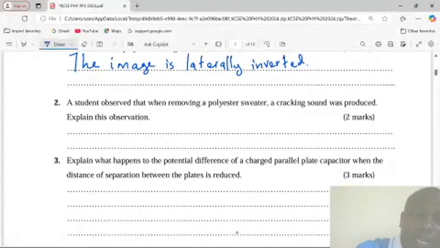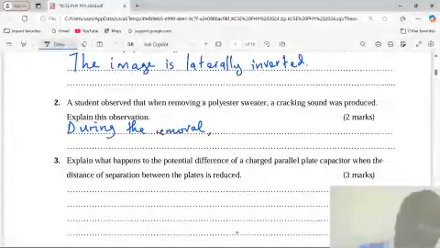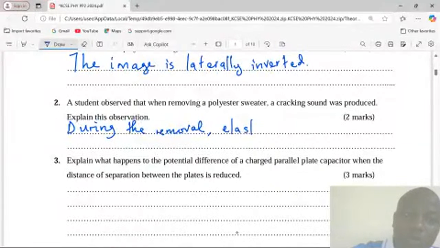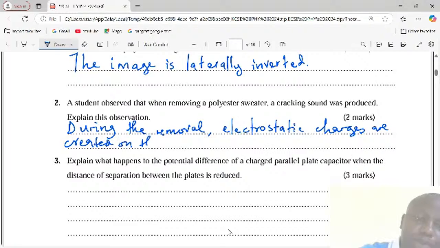Therefore, we will say that during the removal of the sweater, electrostatic charges are created. Let me write this one well. Charges are created on the polyester sweater.